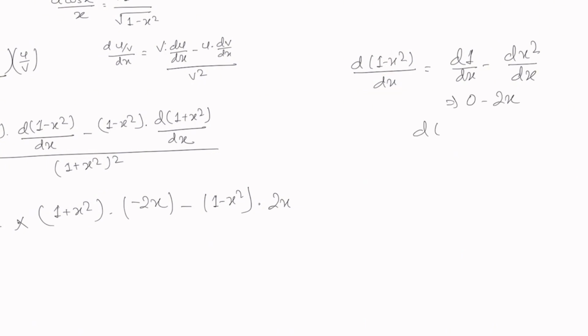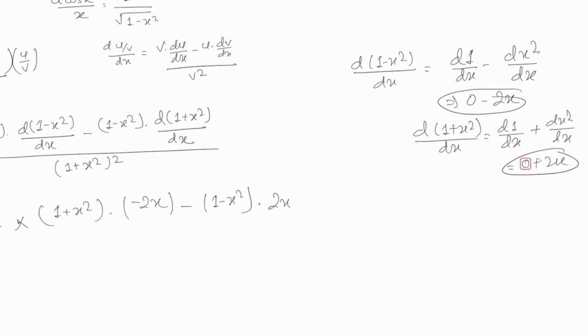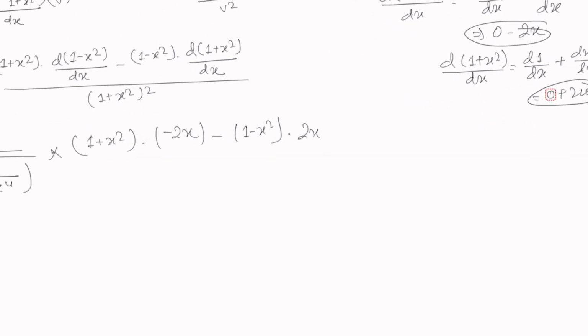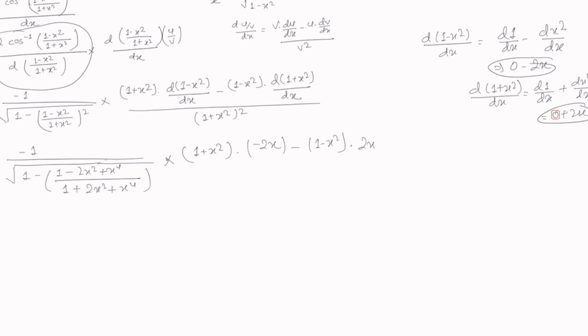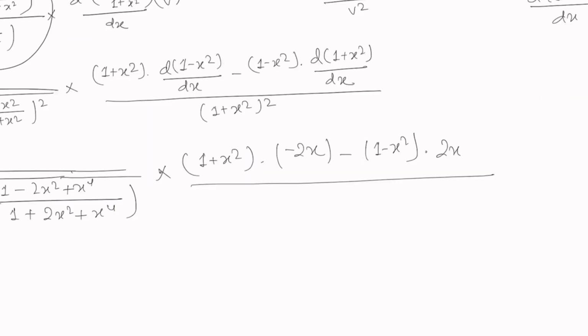Also the derivative of 1 plus x square dx equals the derivative of 1 dx plus the derivative of x square dx, which equals 0 plus 2x. This is how we get the derivative. So we have here again 2x upon (1 plus x square) whole square.